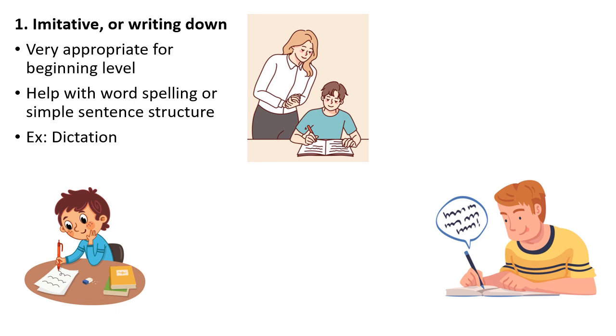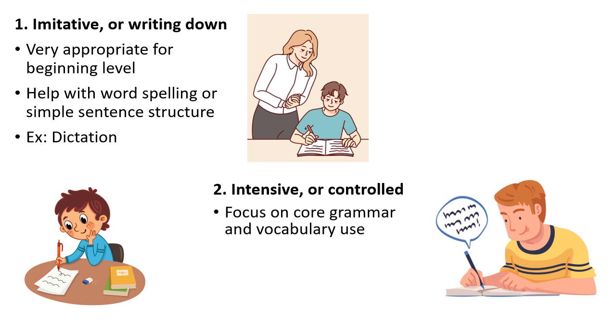Another type of writing performance that can be done in class is the intensive or controlled writing. Now, this kind of activity is to help students strengthen their core grammar or some language usage in their writing. So that makes it very controlled because teachers give students something to work with in order to enhance their grammar or vocabulary use.